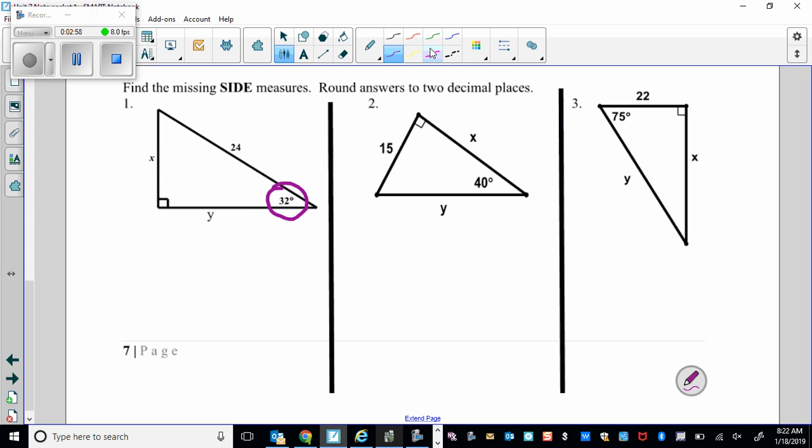Based on this 32, I'm going to label my sides. Right across from it I have x, which is my opposite side. Right next to 32 is y, that's my adjacent side. 24 is also next to it, but 24 is the hypotenuse.